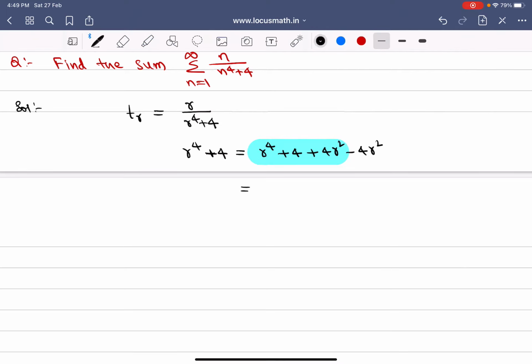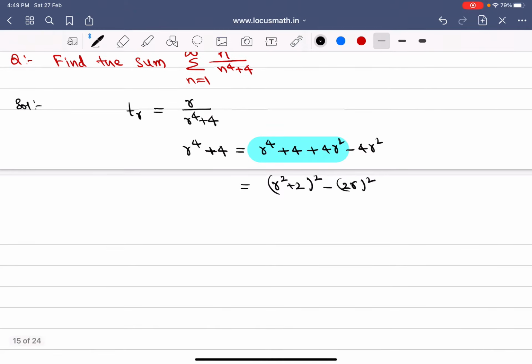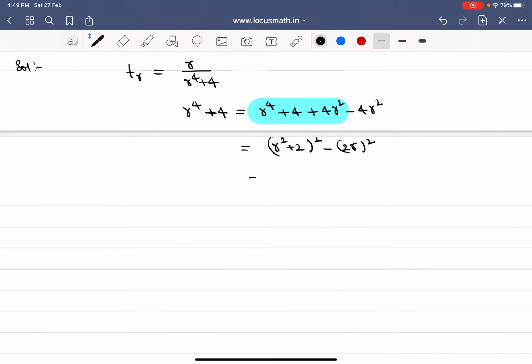That is, this is nothing but (r square plus 2) whole square minus 4r square, which can be written as (2r) whole square, which is of the form a square minus b square. That is, this can be written as (r square plus 2r plus 2) into (r square minus 2r plus 2).